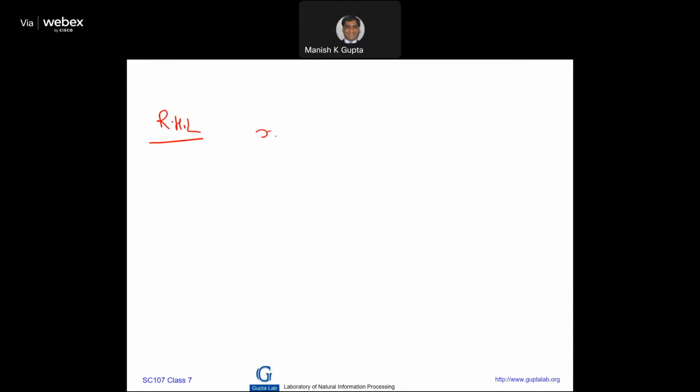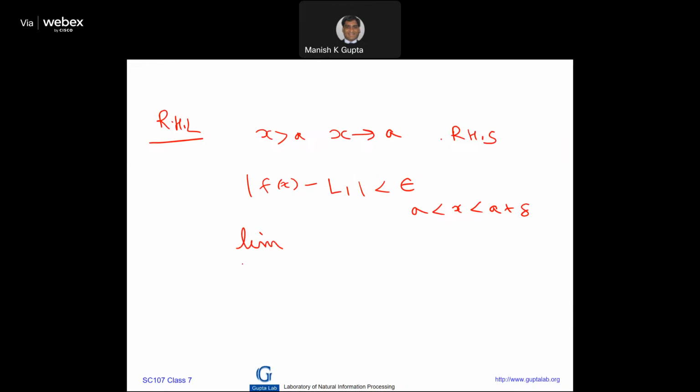If x is greater than a and x approaches towards a, then we know that from right hand side, we say that everything remains same, that for every epsilon positive, there exists delta such that mod of f of x minus, say some number L1 this time, is less than epsilon, whenever a is less than x is less than a plus delta. So in that case, we say that limit x tends to a plus f of x is equal to L1. Right hand limit.